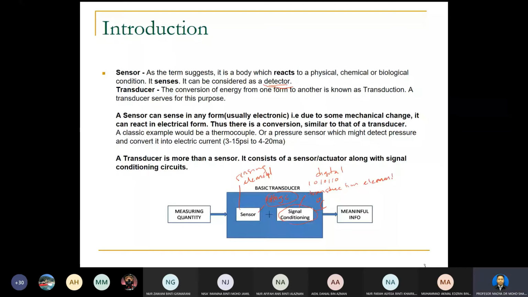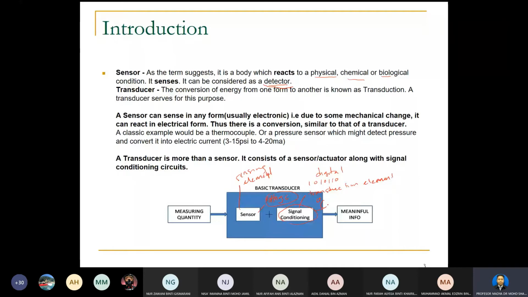The sensor detects and reacts to the physical, chemical, biological condition, and then the signal conditioning will convert from one energy to another energy, one form to another form, for example voltage to temperature, voltage to speed, any output. So that's why we need the transduction element.